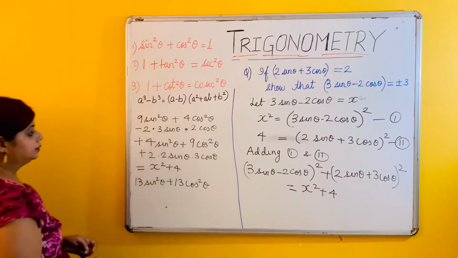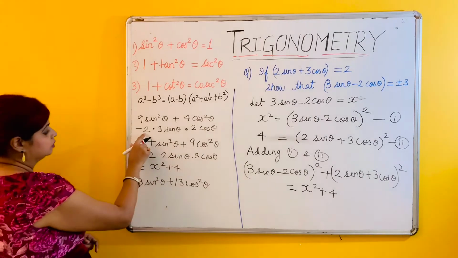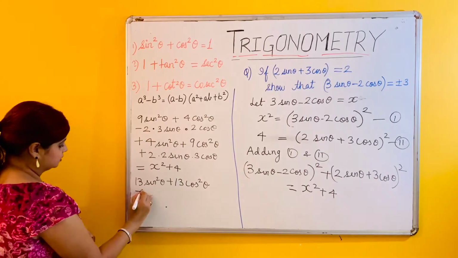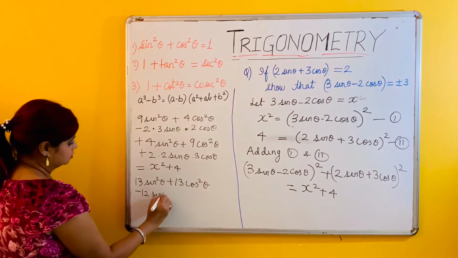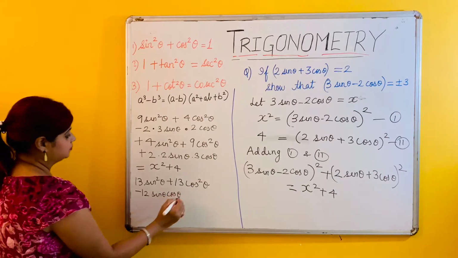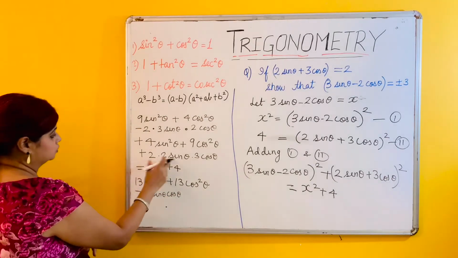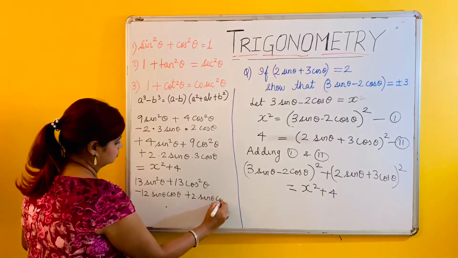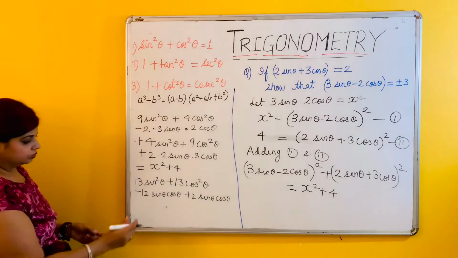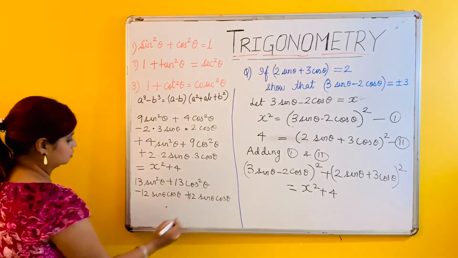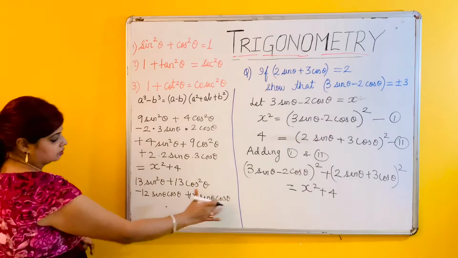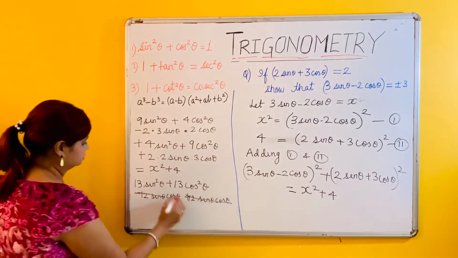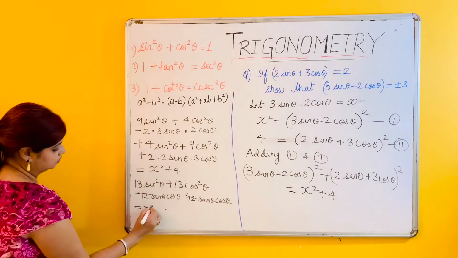Then 2 times 2 is 4, 4 times 3 is 12, so it is minus 12 sin theta cos theta, and in the other it is plus 12 sin theta cos theta. Can you notice? One is negative and the other positive, so they get cancelled. And this is x square plus 4.